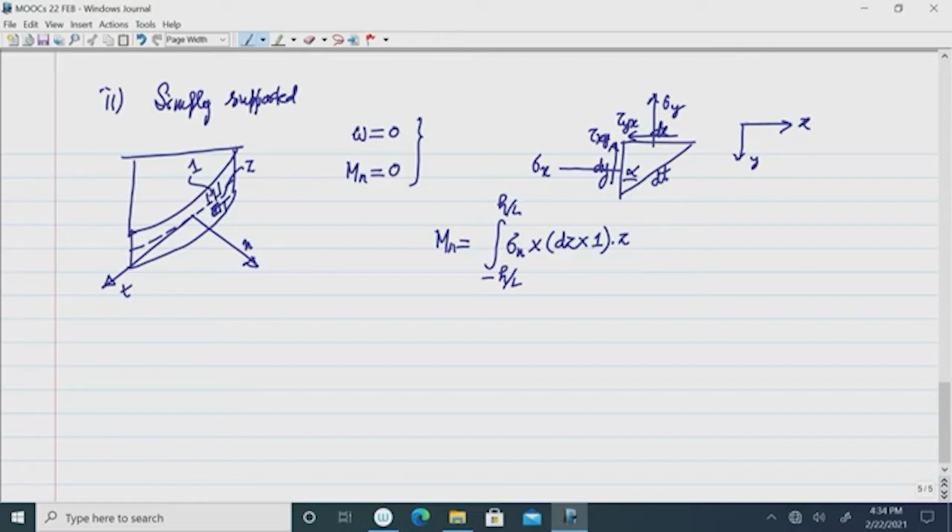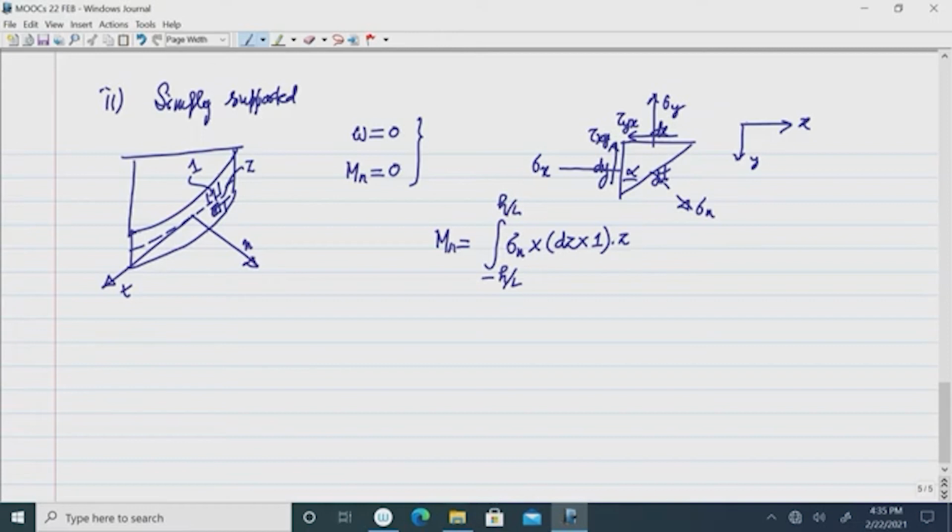Now, I want to obtain the expression for sigma x and sigma y when they are resolved in the normal direction. The expression for normal stress along the normal to the inclined tangential plane is sigma n, and sigma n can be found by equating the sum of the forces to 0 along the normal direction.